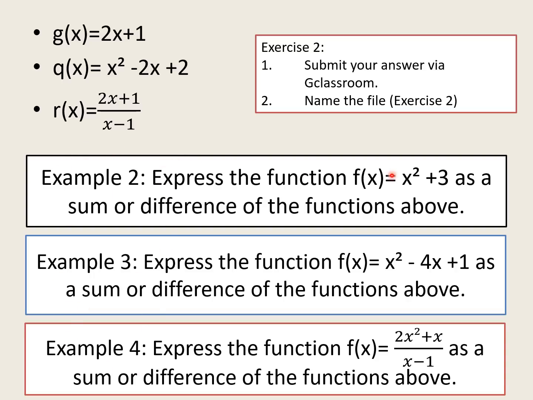After reading every statement here, you're going to rely on our three given functions: G of x, Q of x, and R of x. To answer example number 2, you will use these functions. For example 3, you will use this function. And for example 4, you will use this function. Got it? And of course, specific instructions will be stated by the teacher.